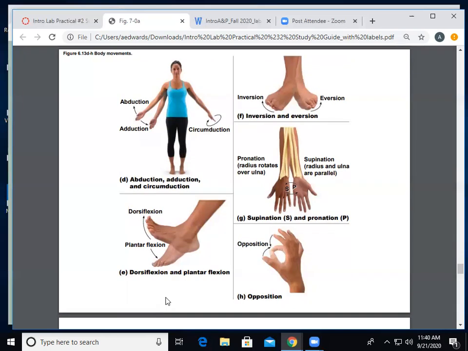And then if you plant your toes down, like the ballerinas, that's plantar flexion. So toes up, dorsiflexion. Toes down, plantar flexion. And if you move your foot at your ankle, you move your toes in, it's inversion. Move them out, it's eversion.